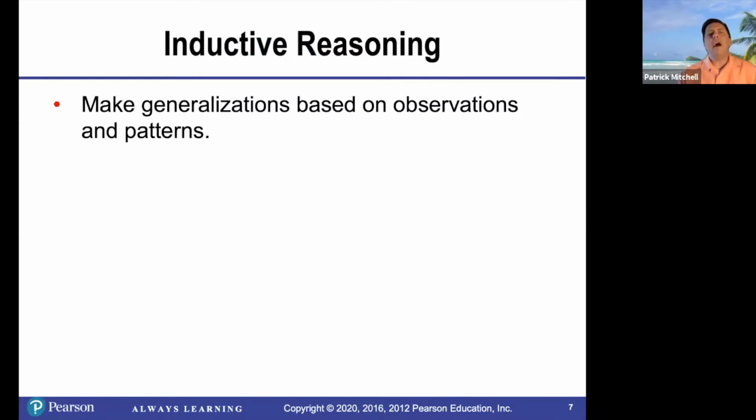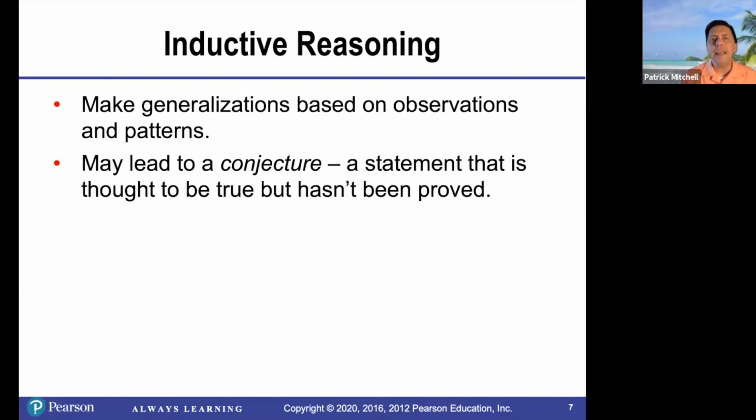All right, next let's talk a little bit about inductive reasoning. Inductive reasoning involves making generalizations based on observations and patterns. Inductive reasoning may lead to what's called a conjecture. I remember when I was first learning this stuff, I had a teacher who described a conjecture as a mathematical guess.